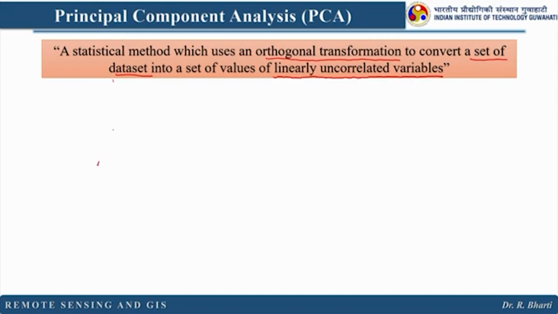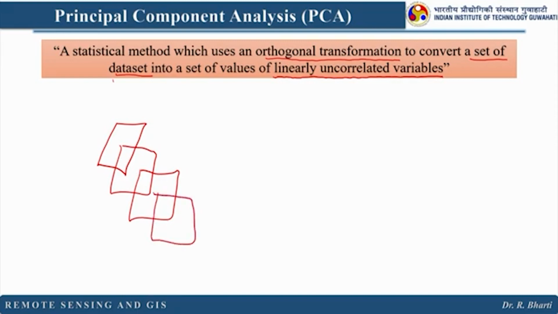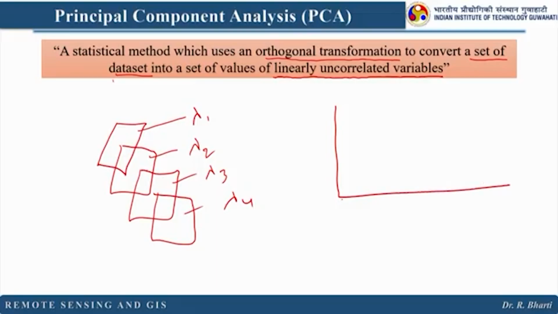So let us see, you have different images. These images are produced by a sensor, where each band corresponds to some wavelength: wavelength 1, maybe 2, 3, and this is 4. These are basically different types of images captured by a sensor in different wavelength regions. If you have vegetation, you might have seen this spectra for vegetation.